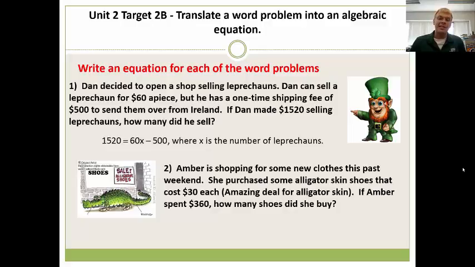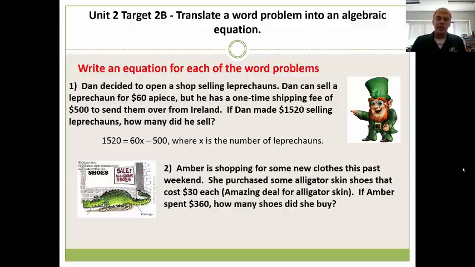So because it's a cost to him, that's taking away from his profits. So his profit, 60X, we have to subtract 500 from that to have that set equal to his total amount of money he made, which was $1,520. This equation we now could solve, and we could actually figure out the number of leprechauns Dan sold.